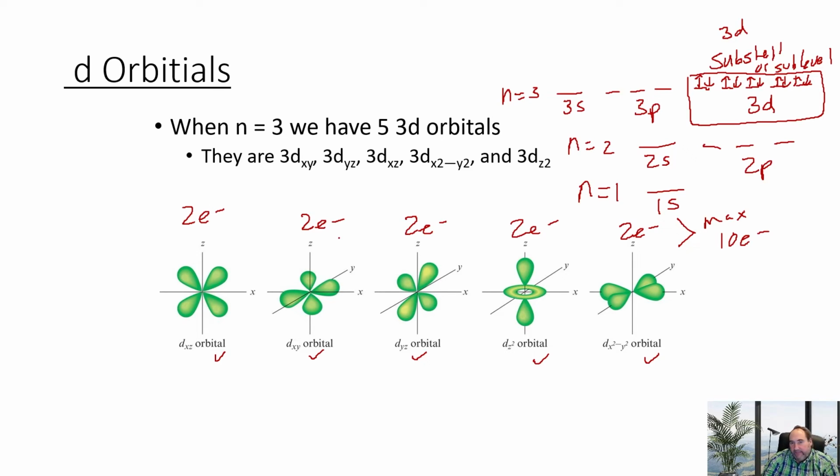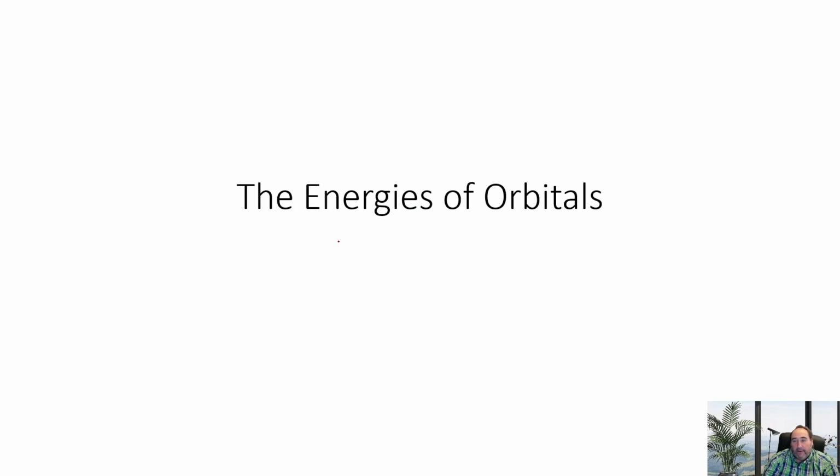Now, there's one more set of orbitals that actually appear on the fourth energy level. So when you get to the fourth energy level, that is where f orbitals actually appear. And there's actually 7 different types of f orbitals.